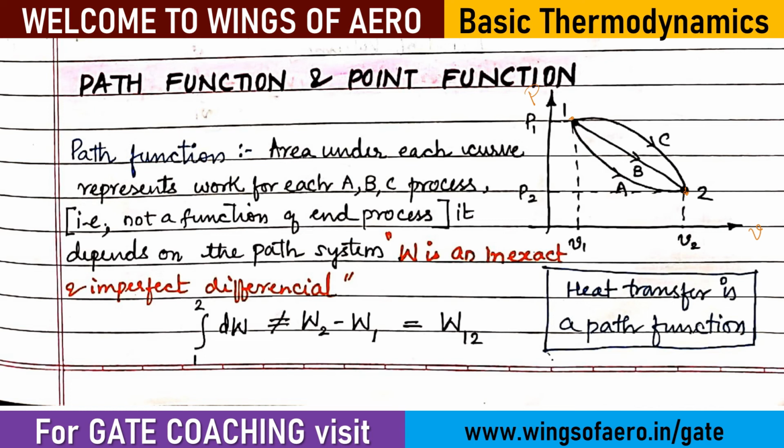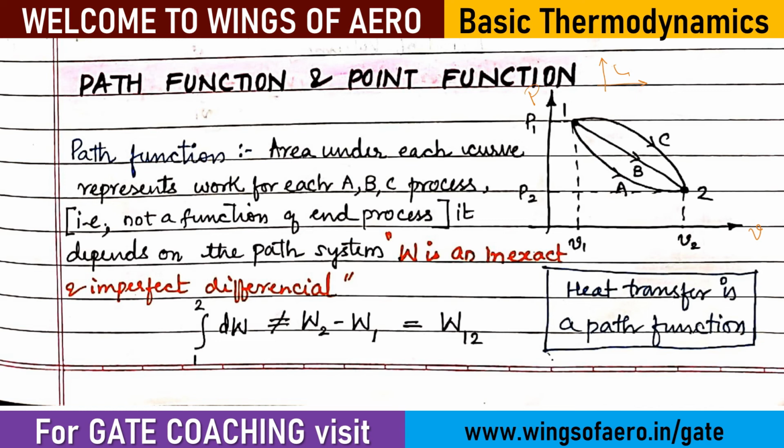Now what the path function says, the area under each curve represents the work for each of A, B and C. Now if I want to draw the area of these three processes A, B and C, for the first one it will be something like this, if this is a graph, we have the point from here to here, right?